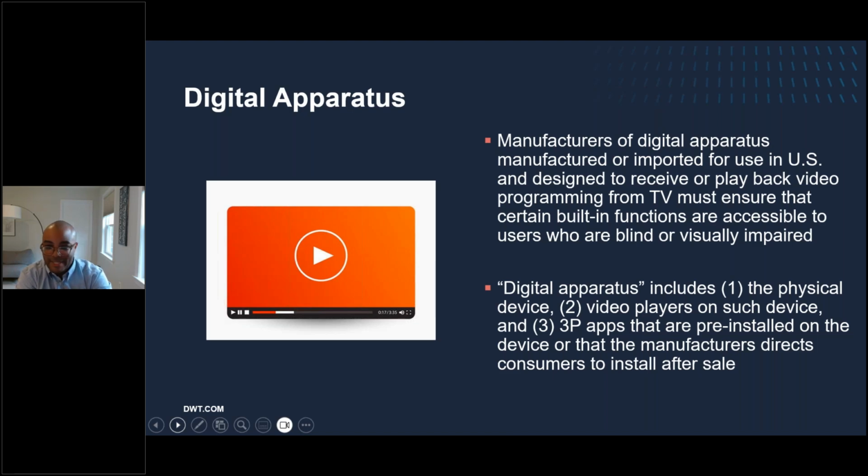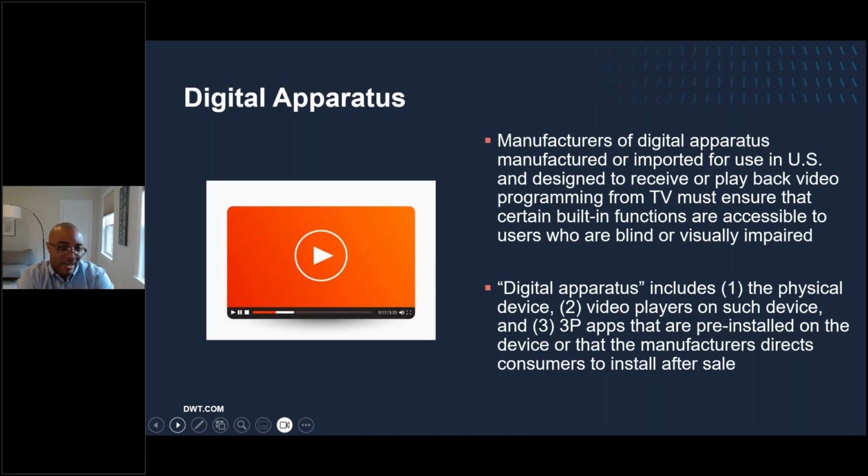So if you have, for example, navigation like play, stop, fast forward, power on off, volume controls built into the device or the apparatus today, so it covers devices and apps, then those various features need to be made accessible to people who are blind or visually impaired. So this is another area of coverage, and again, most relevant for video streaming platforms.